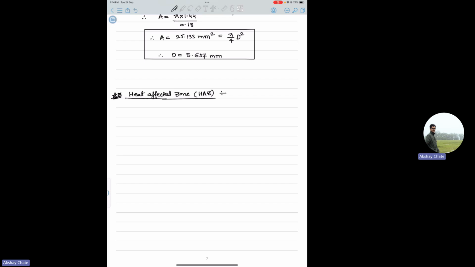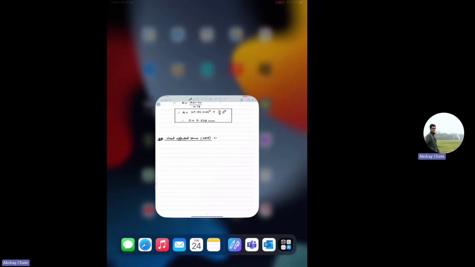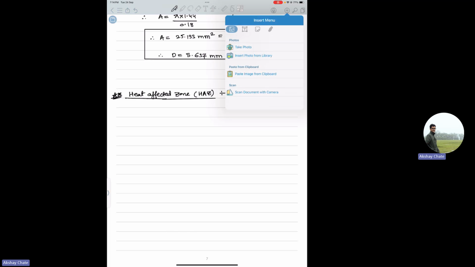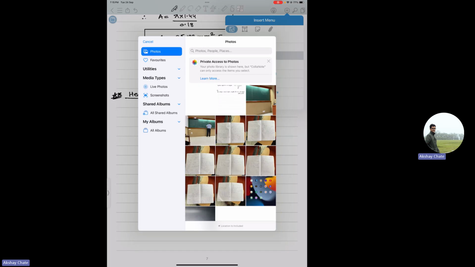Yeah, right. I'll just copy that image. Just check it once. Okay.